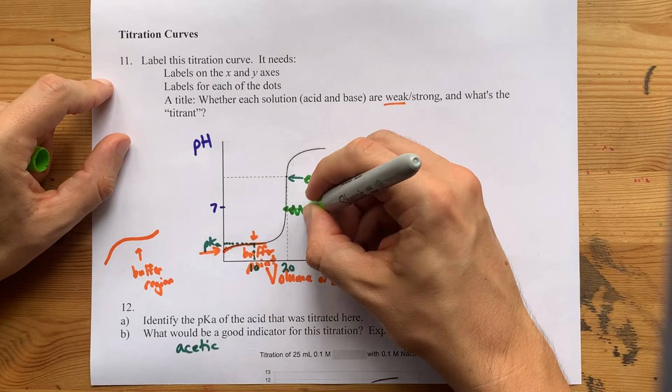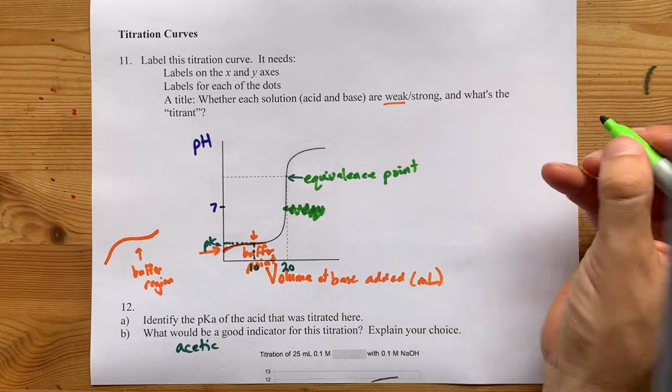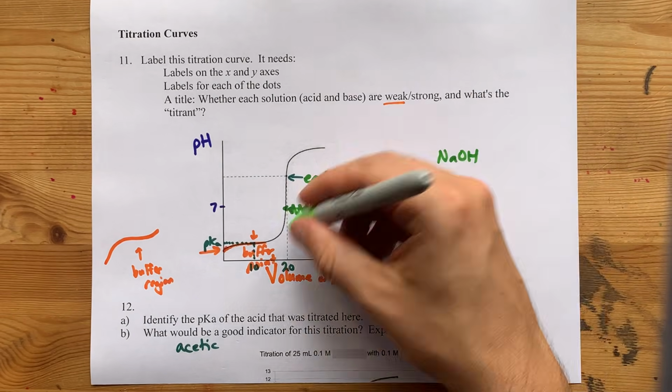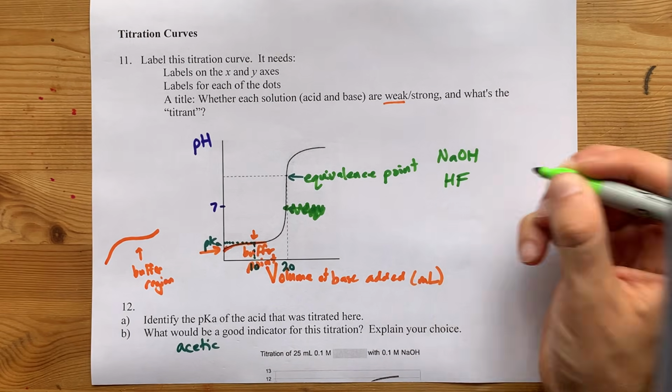It represents the point when you've added as much base, maybe it's NaOH, as you started with of weak acid. I don't know, HF.